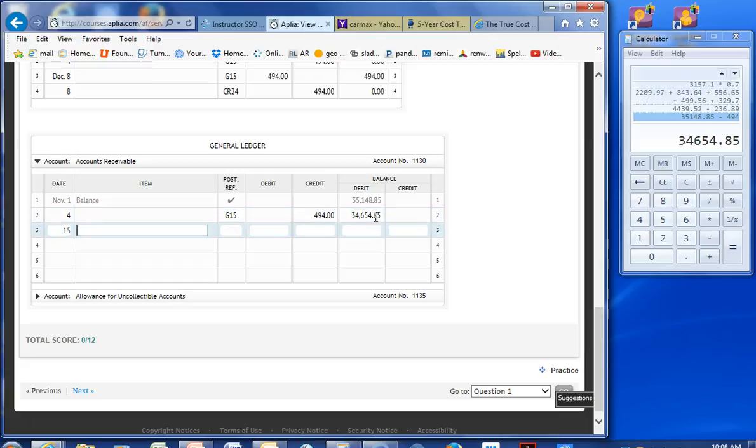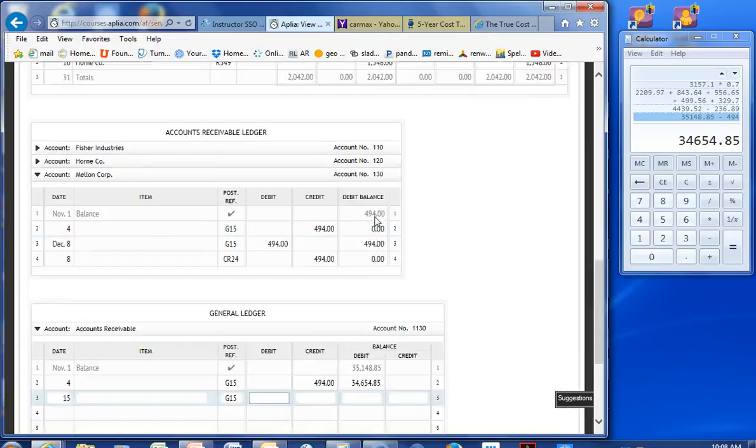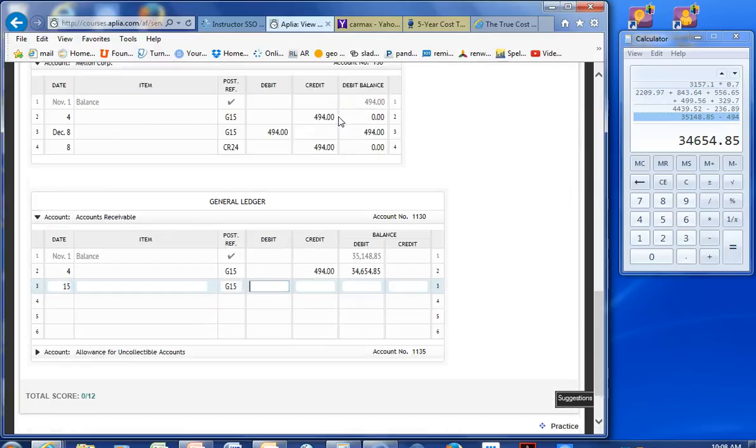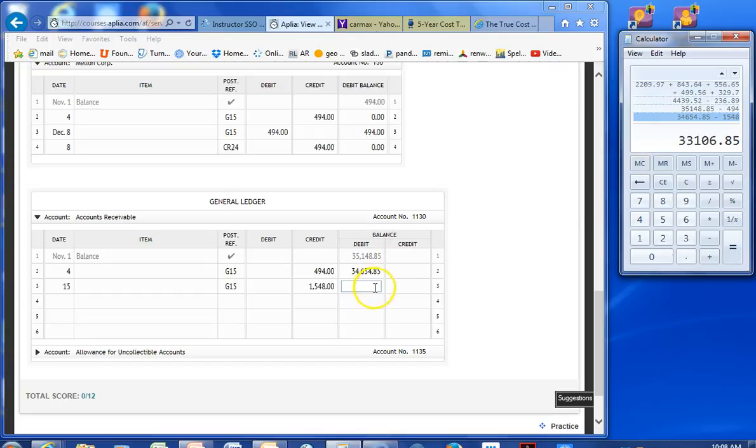And then on the 15th, $1,548. Subtract it again. 3310685.